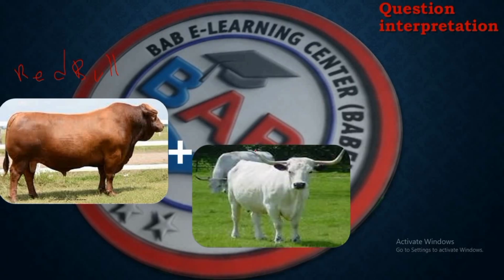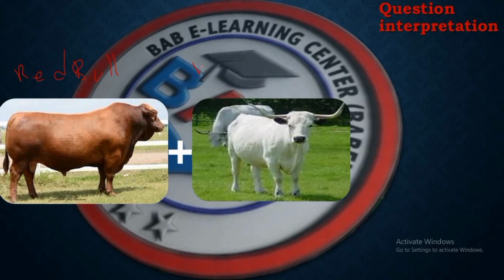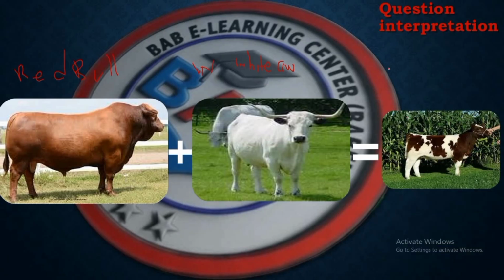A red bull mated with a white cow, represented by W. It gave a Rowan calf, a calf with both red and white patches.